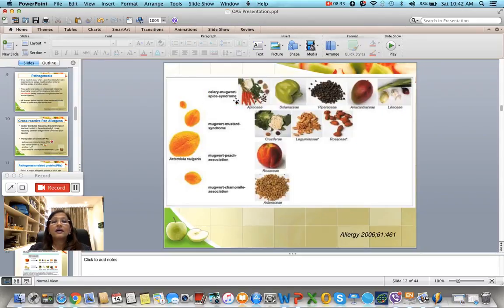There is a lot of cross-reactivity between mugwort pollen and some spices like pepper, mustard, even peach, and herbs like chamomile.